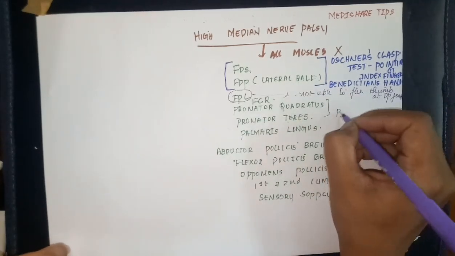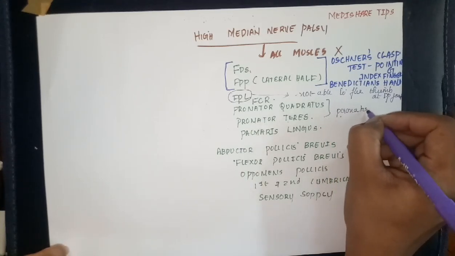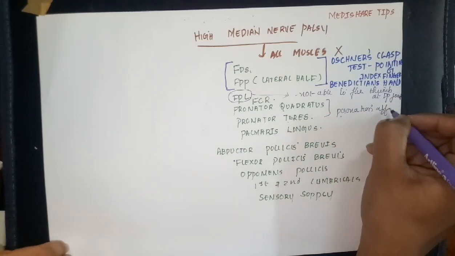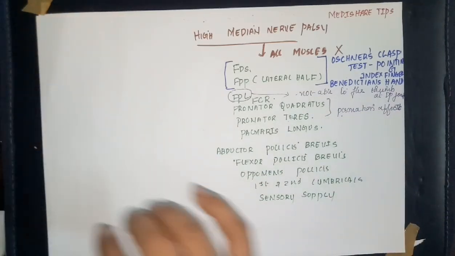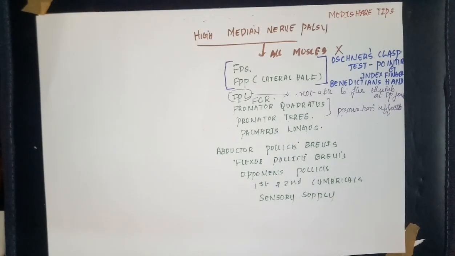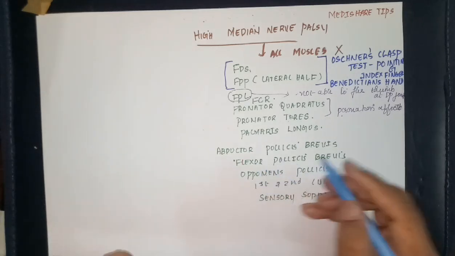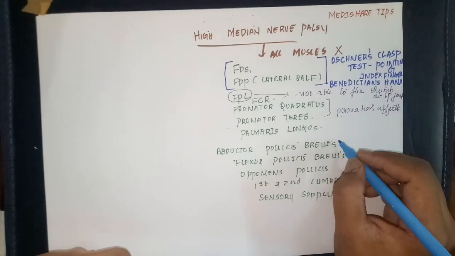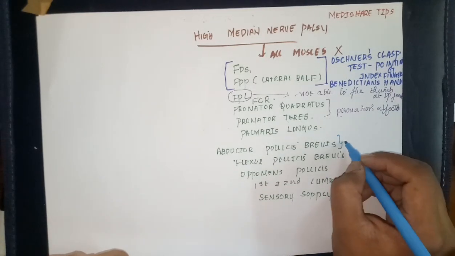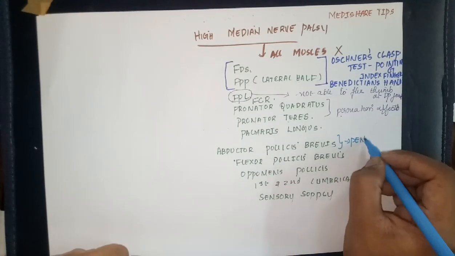Pronation of forearm is affected. Because of loss of nerve supply to the abductor pollicis brevis, abduction of the thumb is affected. So pen test is positive.